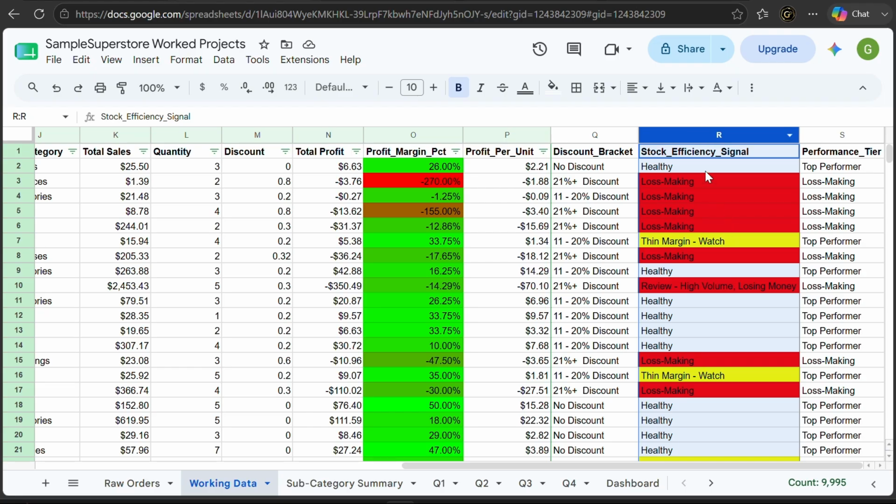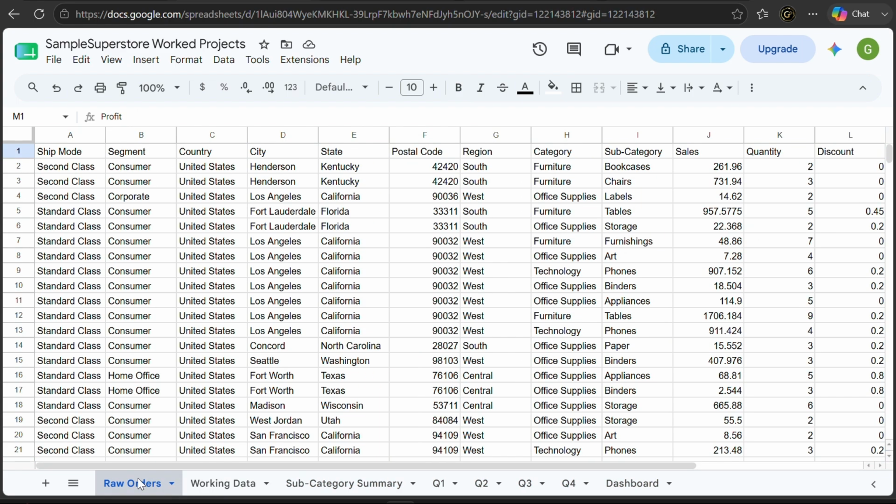I'm going to explain this, it is a very important column. And the last is the performance tier. Of course, like we already saw in the raw data, none of these columns exist at the moment, so we are going to build every one by ourselves. And that's the whole point of this project.